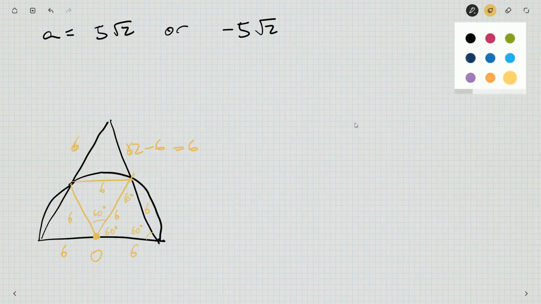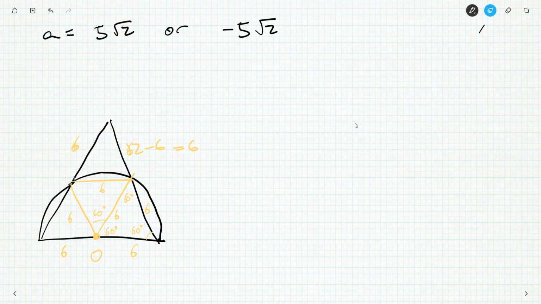So if we just look at this shape right here, we get a parallelogram with 60 degrees here. It's actually two equilateral triangles.